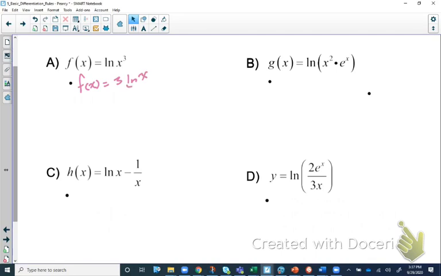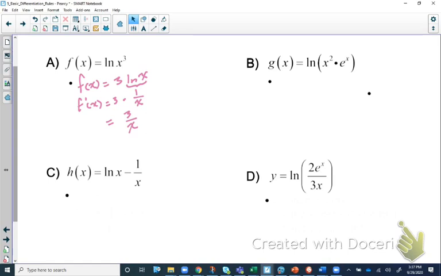Well, when I take the derivative, f prime of x, that's just 1 over x, and it's going to get multiplied to the 3 that we have in front. So the derivative is just 3 over x for this one.